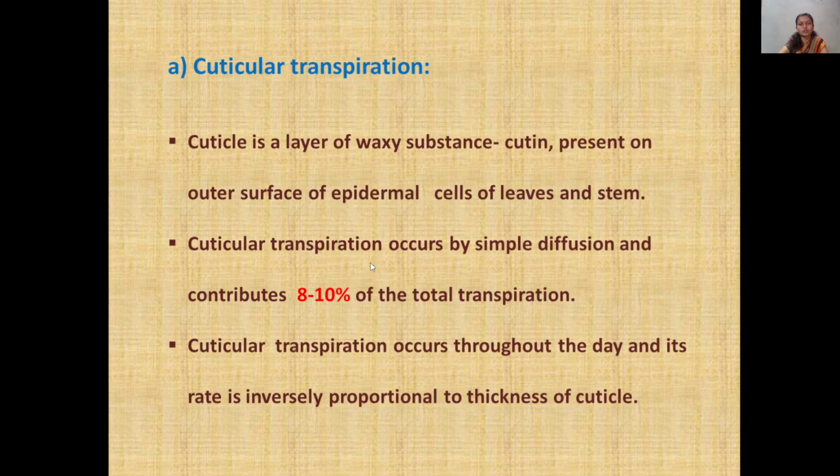Means out of the total transpiration, only 8 to 10% takes place through the cuticle. Cuticular transpiration occurs throughout the day and its rate is inversely proportional to the thickness of the cuticle.